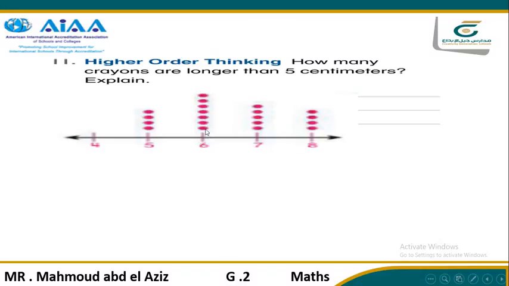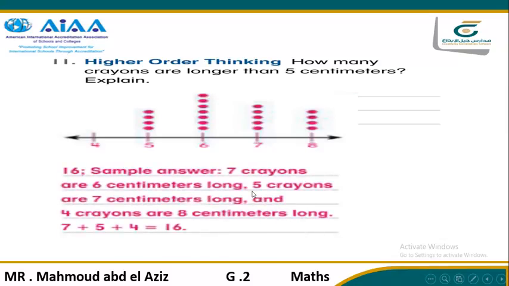Each dot means a crayon. We have 7 at number 6, 5 at number 7, and 4 at number 8. So we add them together, 7 plus 5 plus 4, which equals 16.